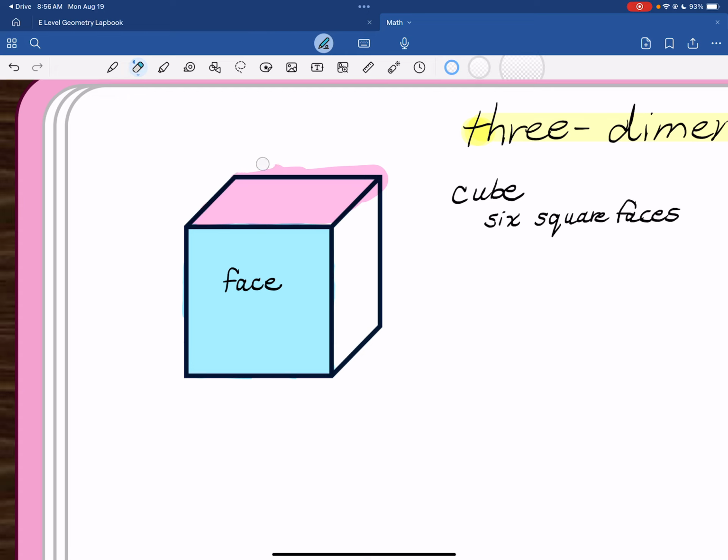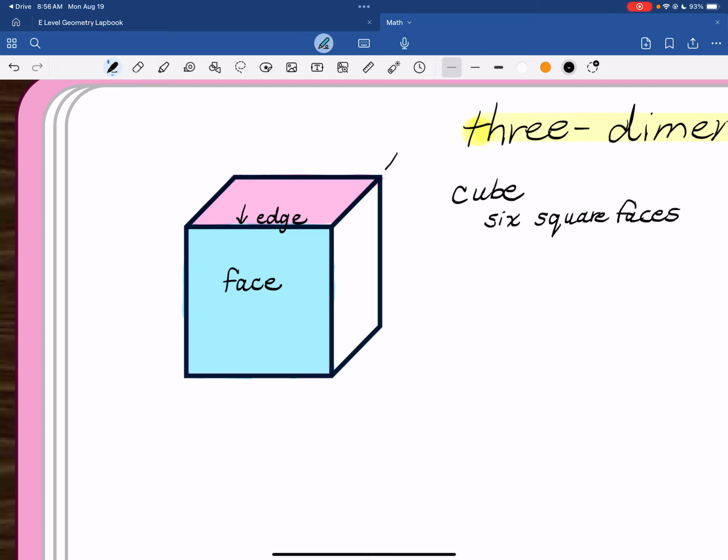I want you to focus on the area where the pink or the purple and the blue come together. Look at that line where those two meet. That line right there is called an edge. So you have an edge where the two come together.